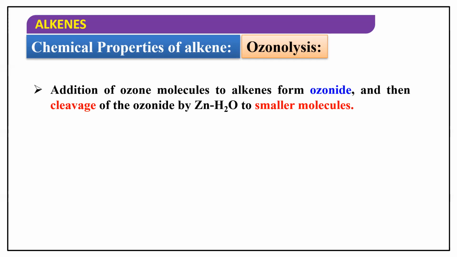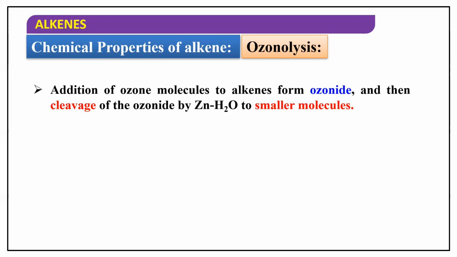So let's try to understand it in simple terms. Ozonolysis is nothing but addition of ozone molecules to alkenes first to form an ozonide. So an ozone molecule will add to the alkene to first form what? To first form an ozonide. And then cleavage of the ozonide. Cleavage here indicates lysis.